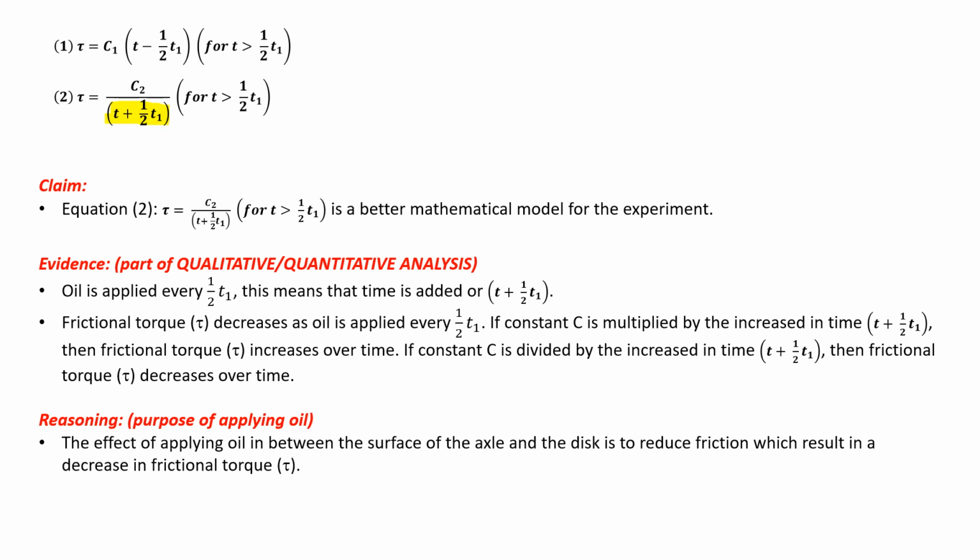Second, since frictional torque decreases as oil is applied, if constant C is multiplied, then it will increase the torque. If C is divided by the increased time, which is T plus 1/2 T sub 1, then frictional torque decreases. This proves that the effect of applying oil in between the surface of the axle and the disc is to reduce the friction, which results in a decrease in frictional torque.